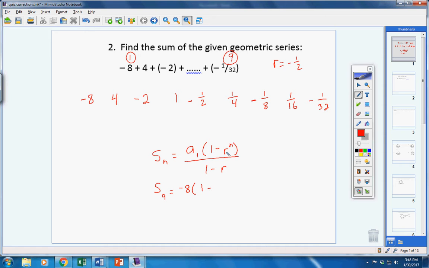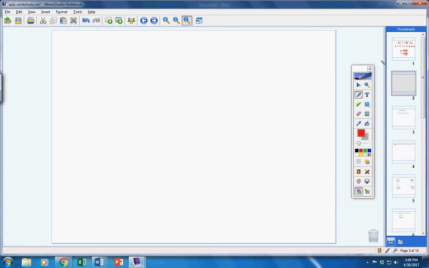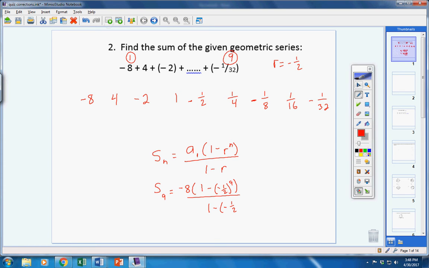So I have 1 minus r, that's -1/2 to the n power, that's 9, all over 1 minus -1/2. Okay, so it looks like we have a little bit of work to do. Let's get this taken care of.